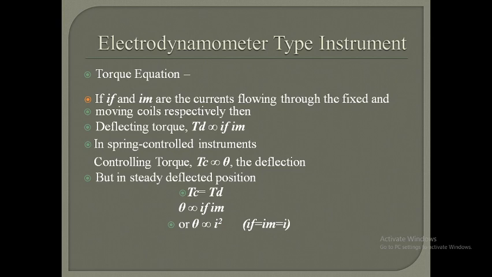Due to this, the operating magnetic field due to the fixed coil is quite weak. Similarly we have the moving coil also. The moving coil also carries limited current, because it is connected with the spindles and the springs there. Two springs are used, and with the help of the leads they can carry only a limited current.